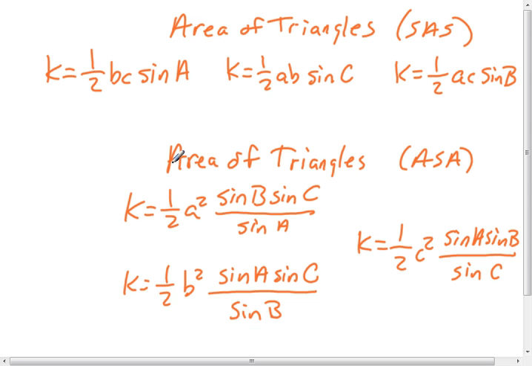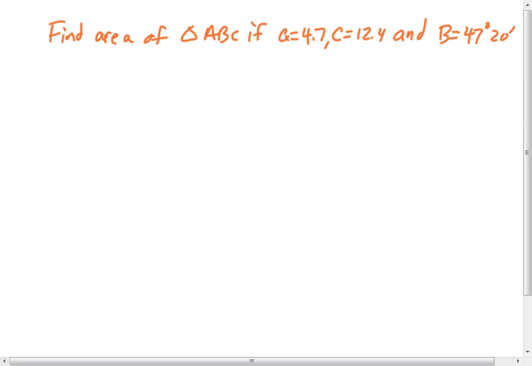Let's go ahead and look at a problem involving side angle side. For a triangle ABC, we have two sides and an angle, and if we're given the proper information, we can just simply use the formulas at the top, the side angle side, to solve for the area, which we'll call K. So K equals 1/2 A times C times sine of B. And you'll notice that matches up directly with the information that we've been given.